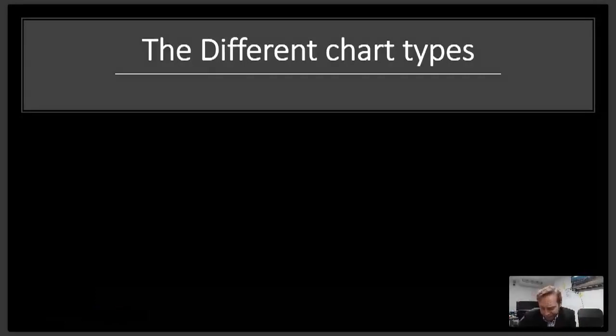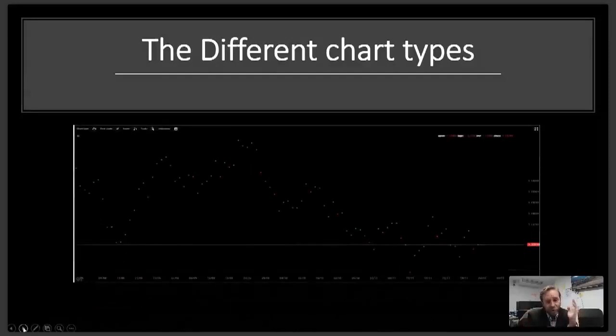So, when you're on your trading platform, you'll notice there are several different chart types. You've got your likes of the dots, which will show you if an asset closed higher or closed lower during the trading session.